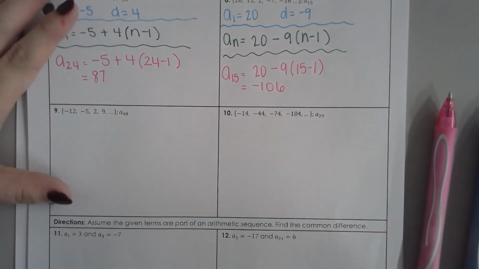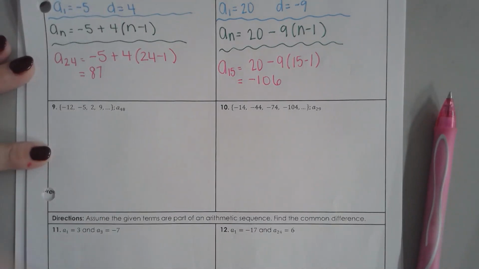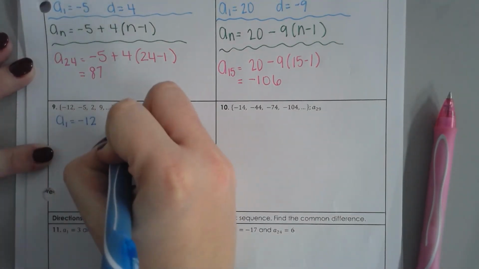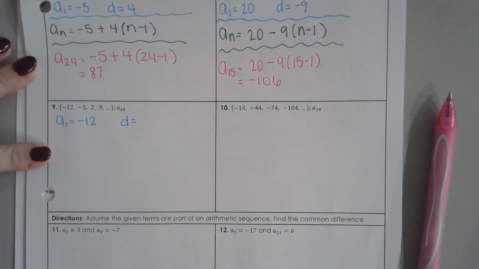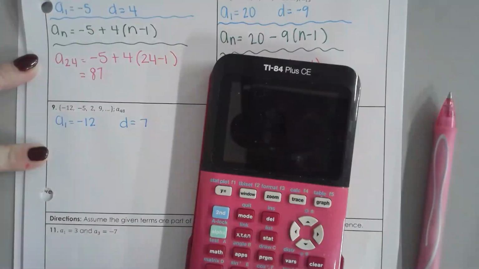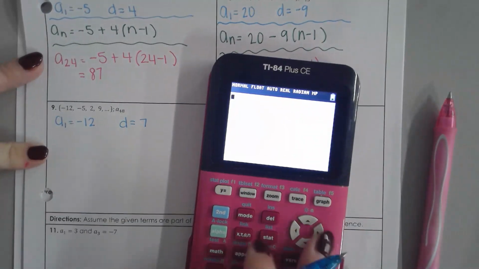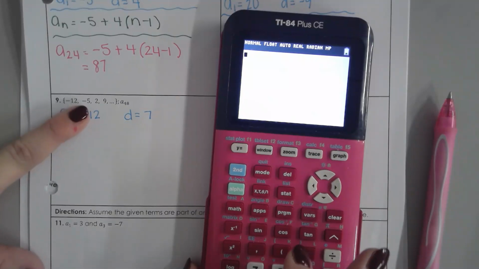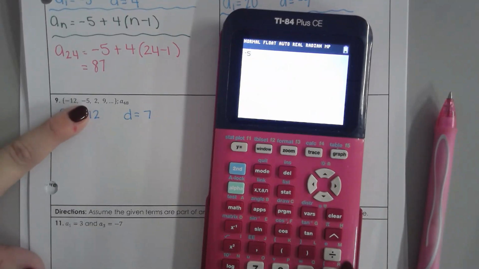So number 9, your A1 is negative 12. What's your common difference? 7. Yep. Especially when negatives are involved and you're like, I don't know, remember, you can take any term and subtract the one before it.